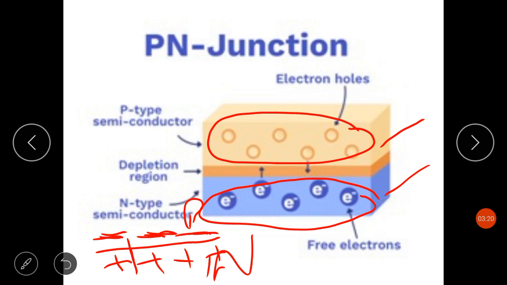Once this negative charge on the p side is strong enough, no more electrons from the n side can cross the interface and go to the p side to form electron-hole recombination, because this negative charge repels the electrons, since we know like charges repel each other. So this is how the depletion region works.